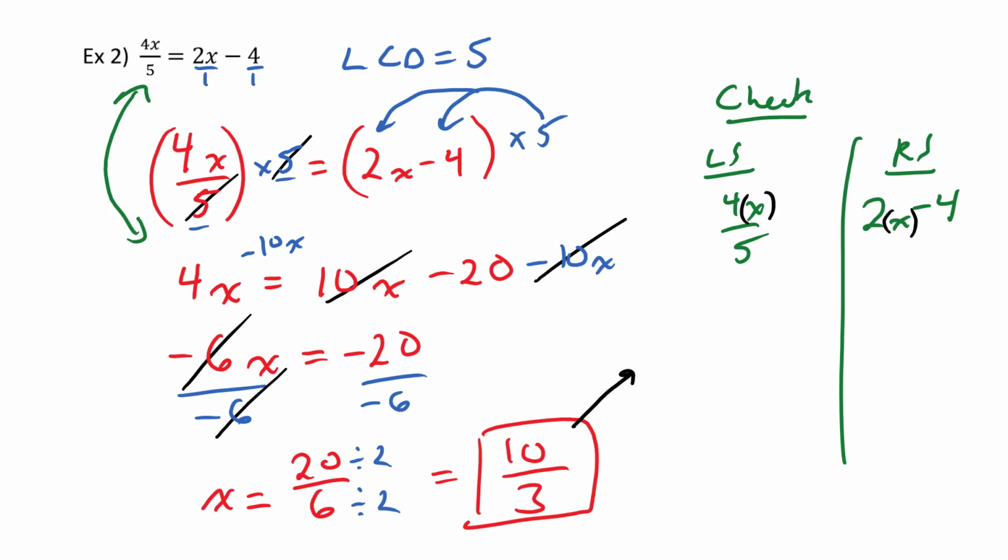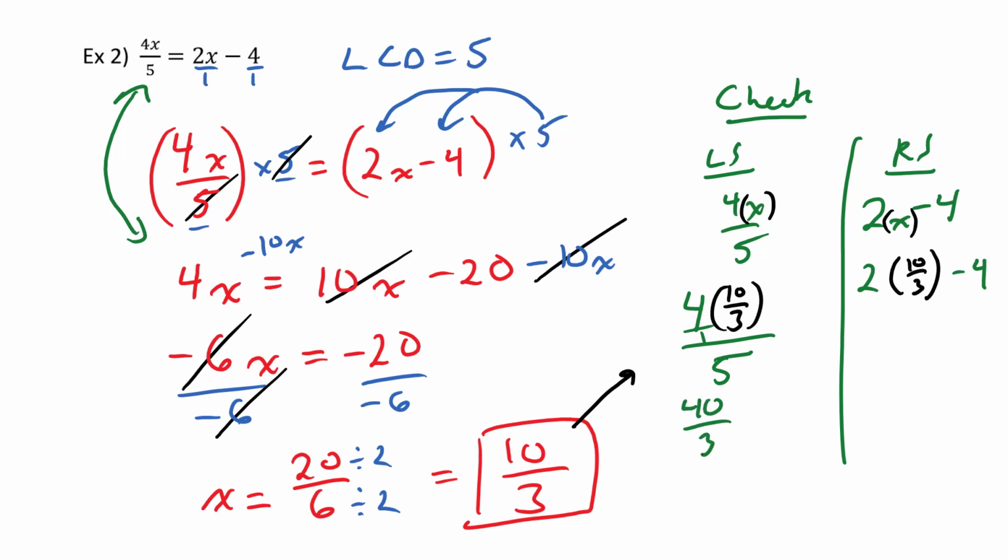What do we get now? We have 4 times 10 over 3, divided by 5. And over here we get 2 times 10 over 3 minus 4. Here we have 4 times 10 over 3. When I multiply fractions, either turn the 4 into a fraction, 4 over 1, multiply the numerators, multiply the denominators. 4 times 10 is 40 over 3.